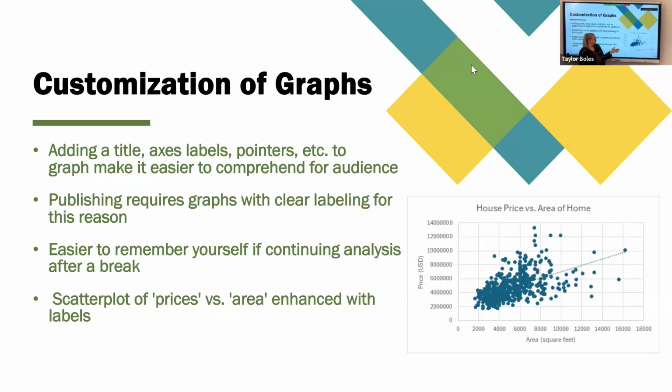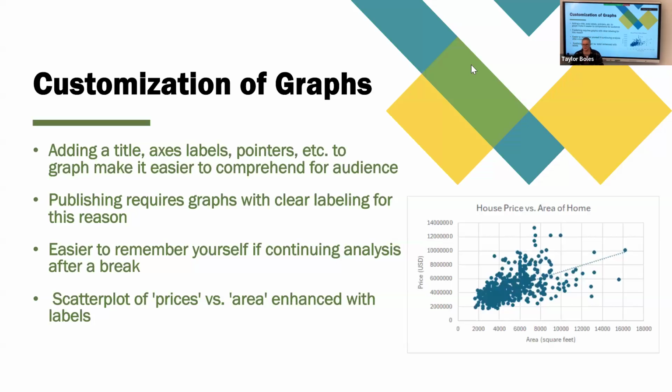But it's so much nicer when you have labels on the graph, which is what we'll talk about. You can customize your graph. So we have labels here. Area is in square feet, price is in US dollars, and then we have that line, that linear association. You can see the association between the two variables.